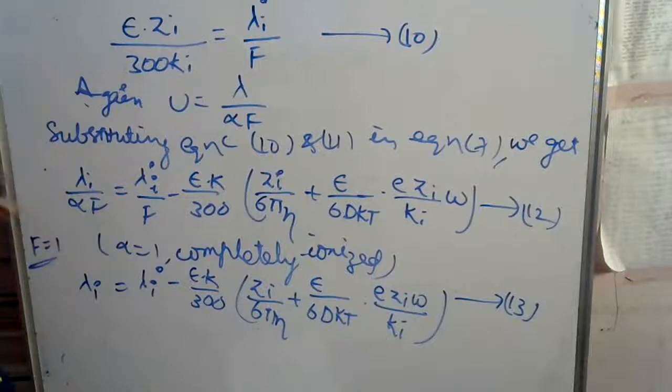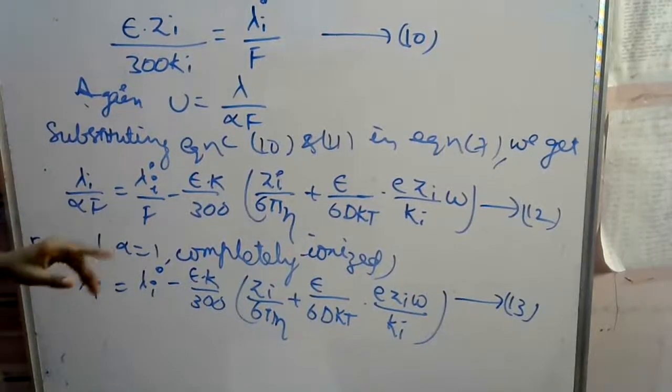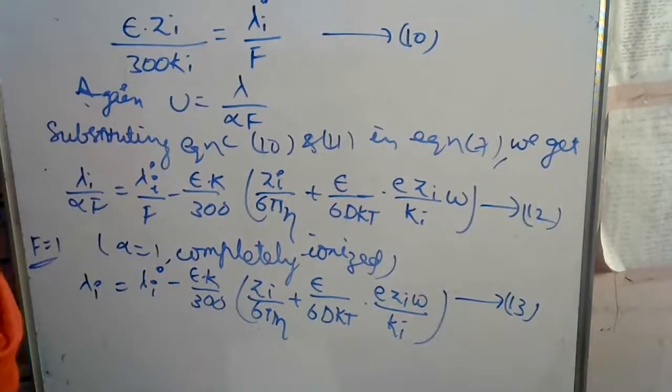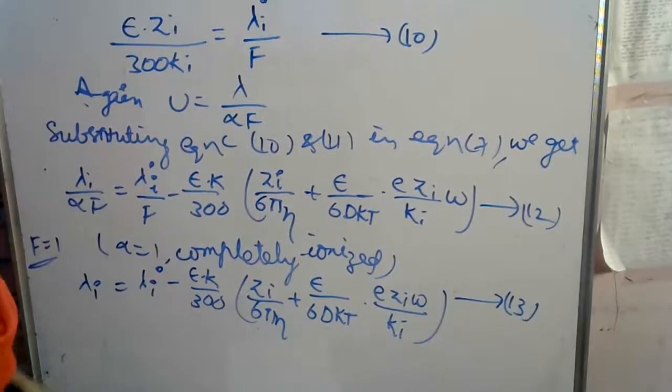We know that epsilon Z_i K_i is equal to 300 lambda_i by F. We have to substitute the value.